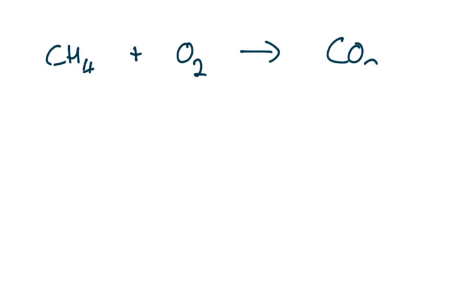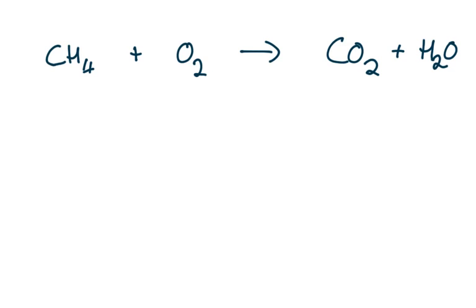So we start off with the formulae. So we're starting off looking at methane plus oxygen is going to make carbon dioxide plus water. At this point you should be able to see that the equation is not balanced.